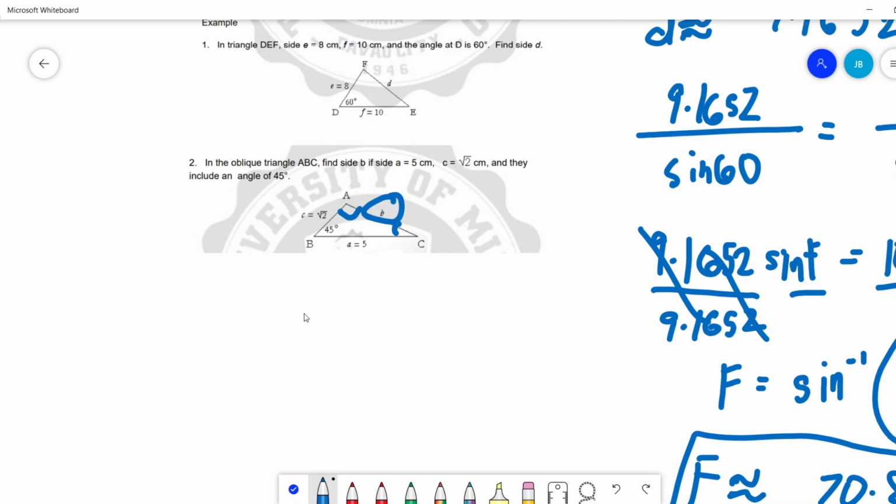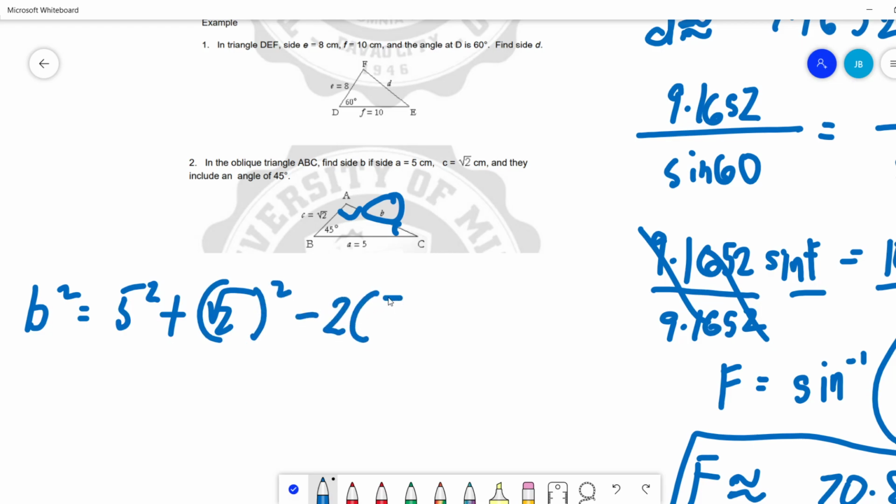Now let's find side B first by using law of cosine before using law of sine to find the unknown angles. So to find it, B squared is equal to 5 squared plus square root of 2 squared minus 2 times 5 times square root of 2 cosine 45. Then square both sides.